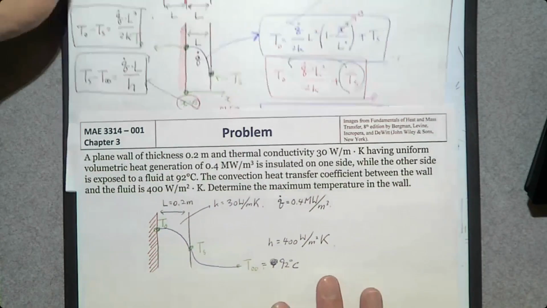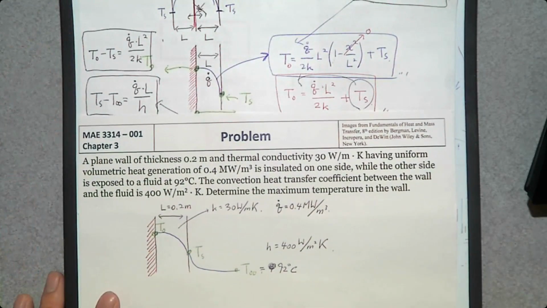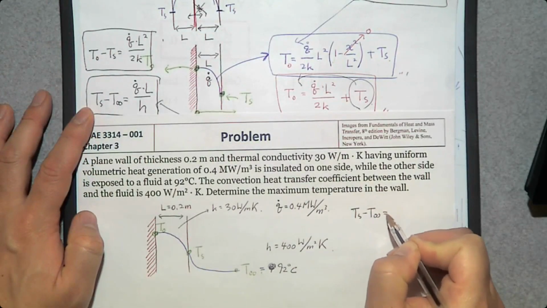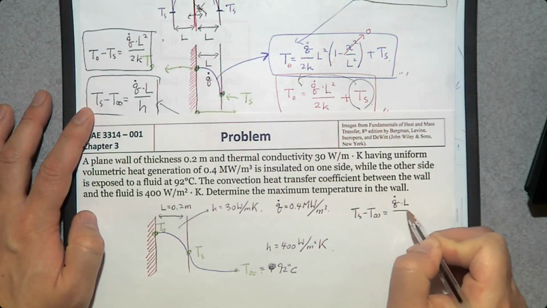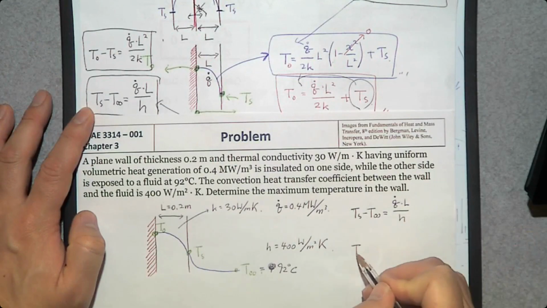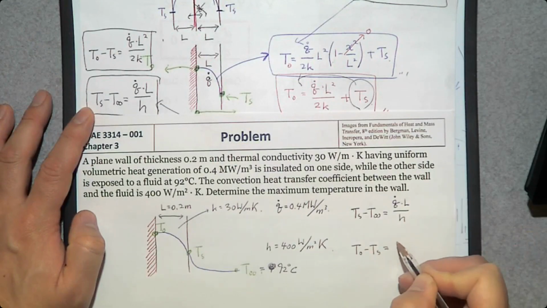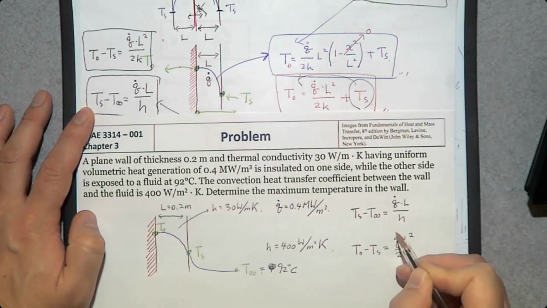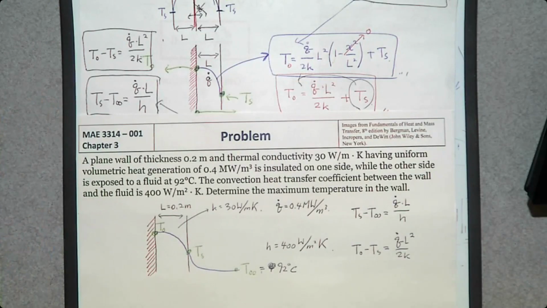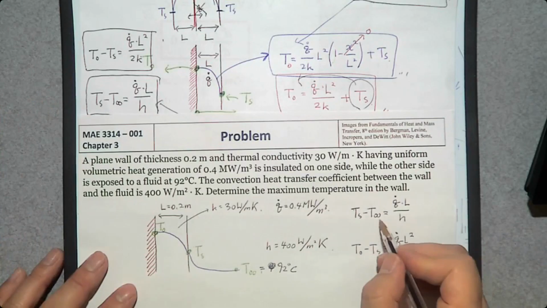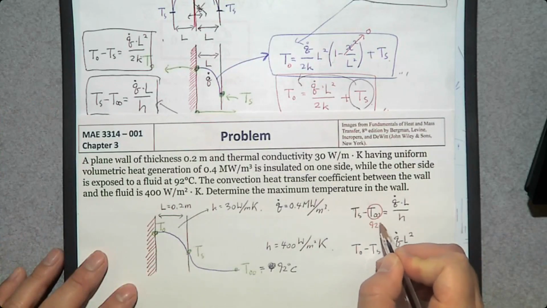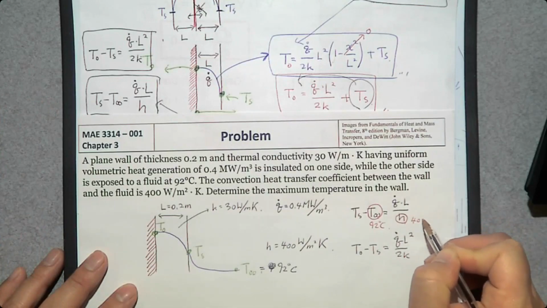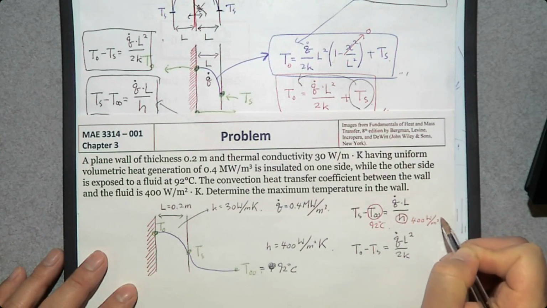We can use these two equations. So let me write them down here. Ts minus T infinite is going to be Q dot times L over H. And the other one is T0 minus Ts is going to be Q dot times L squared divided by 2 times K. We know the surrounding fluid temperature is 92 degrees Celsius, and the convection heat transfer coefficient is 400 watt per meter square Kelvin.